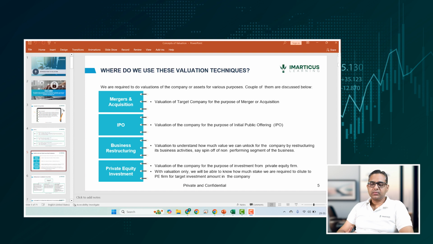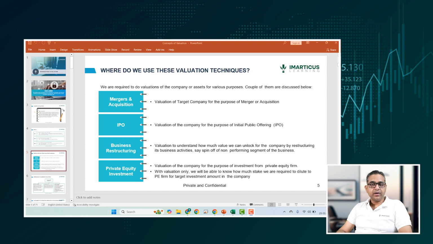Maybe the buyer is desperate to enter into that market, or it is a very niche business in which the valuation is more from the specific services the company is providing, which nobody else is providing. So a lot of different factors can come into play when coming out with an eventual value we pay for a merger or acquisition.